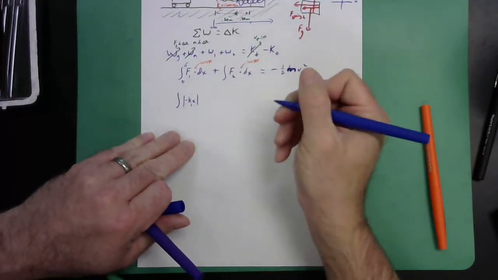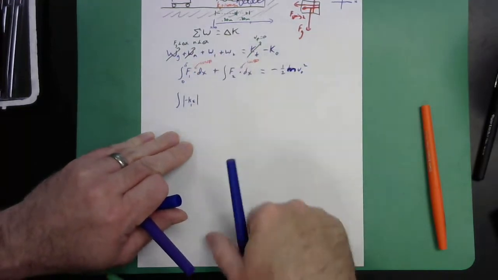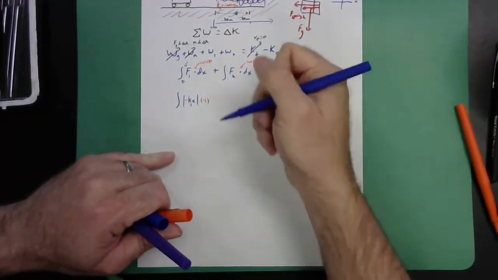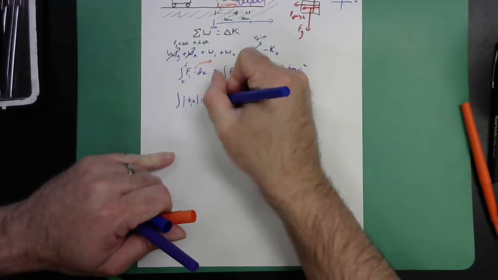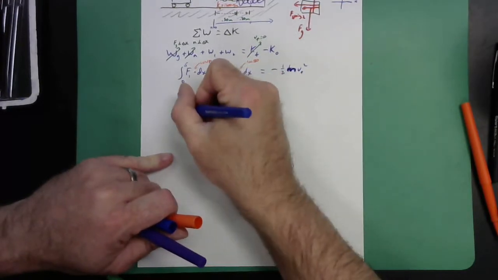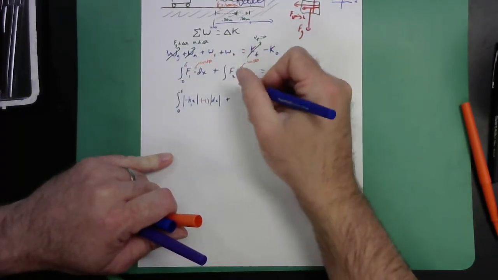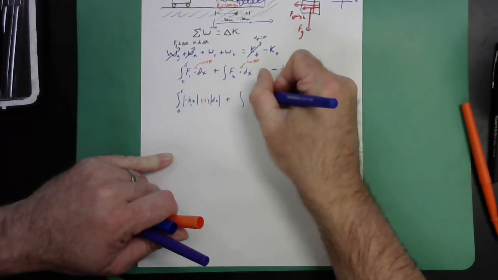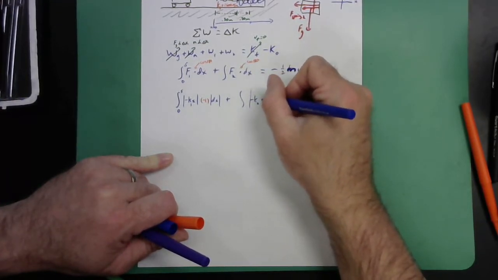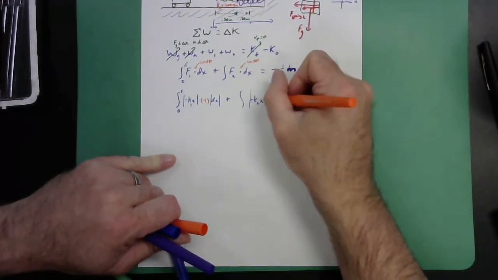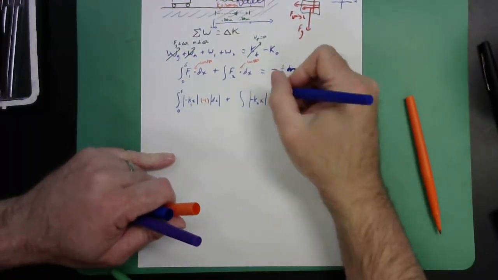This is k1x, and then cosine of 180 is going to be a -1, and then dx, absolute value, from 0 to 0.5. Same thing here, negative, now it's the second spring constant, because it's the second spring, absolute value, and then a -1 from that cosine 180, and then dx.